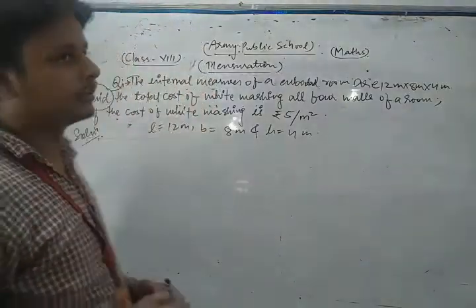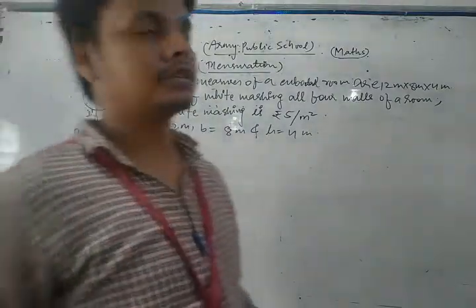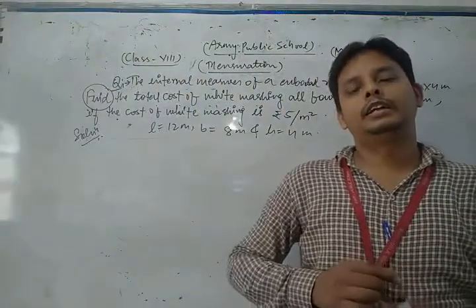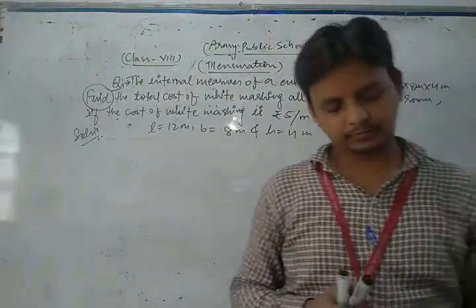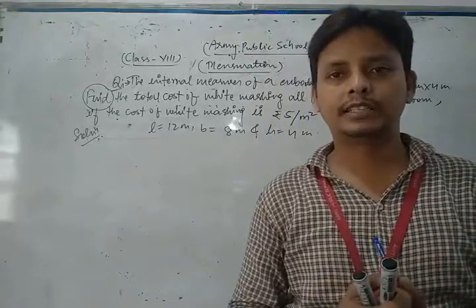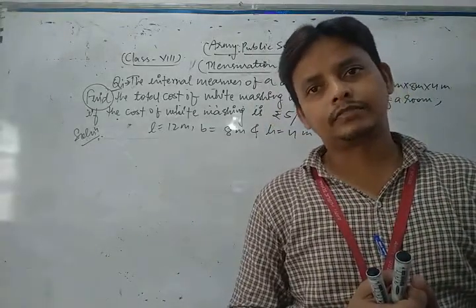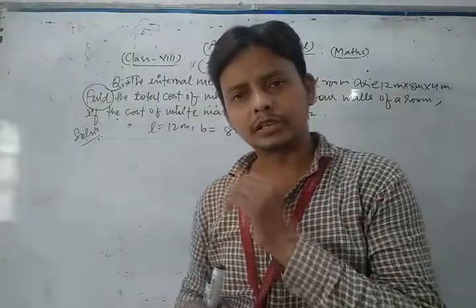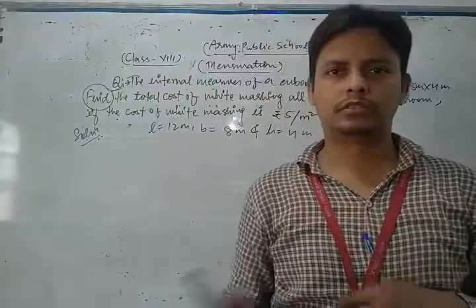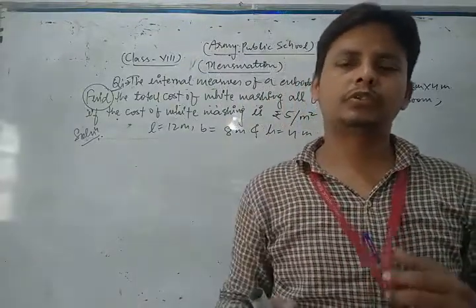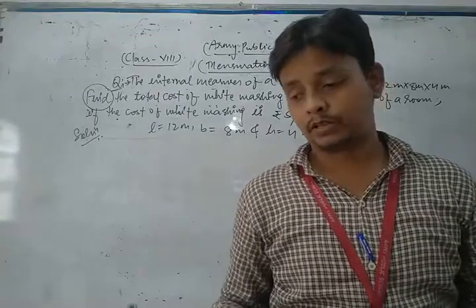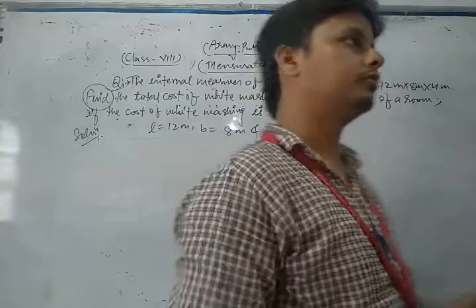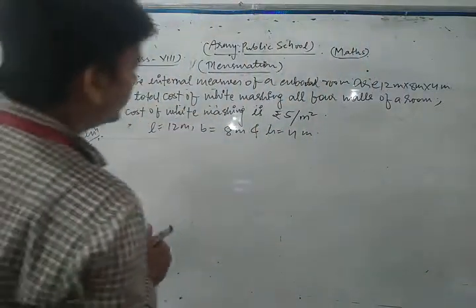And you know that in previous classes we already discussed the formula for area of 4 walls. The area of four walls is equal to the lateral surface area of cuboid, because this is also the formula for the total surface area of cuboid. Lateral area of four walls of a room.